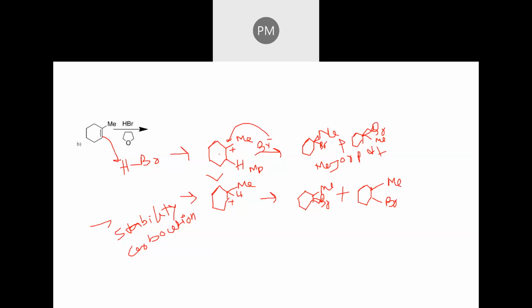The methyl has the more substituted position, so here the Br will attack. But for anti-Markovnikov addition, the Br will attack here, where the least substituted position is.